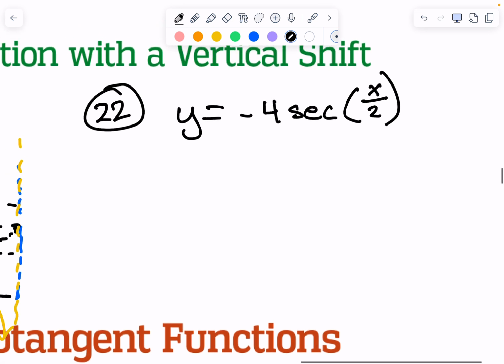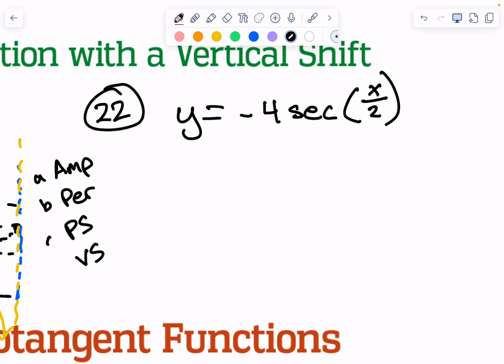Okay, so let's figure out amplitude, period, phase shift, vertical shift. It goes like A, B, C, D, right? And we've got to figure out what we have. So which parts do we have out of A, B, C, D? We have an A, which is 4, and we have a B. What is B?